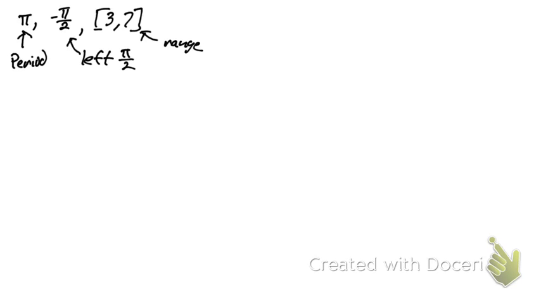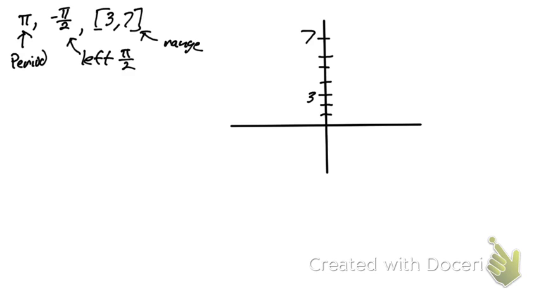Let's do a quick drawing of what I'm talking about. 1, 2, 3, 4, 5, 6, 7. So picture a sine curve that just bounces in between those two things.